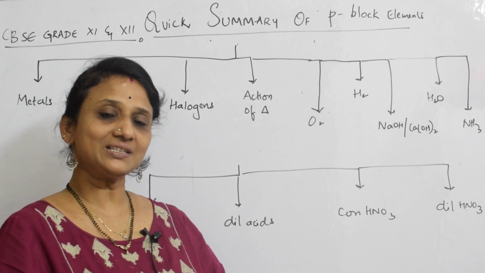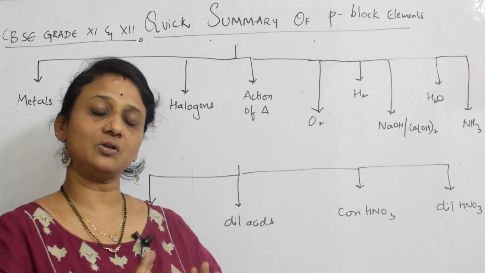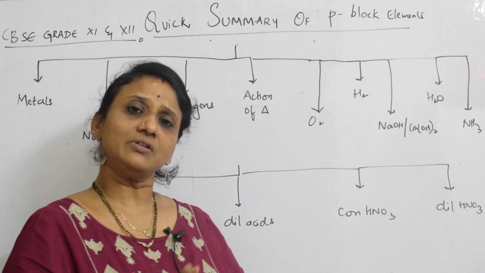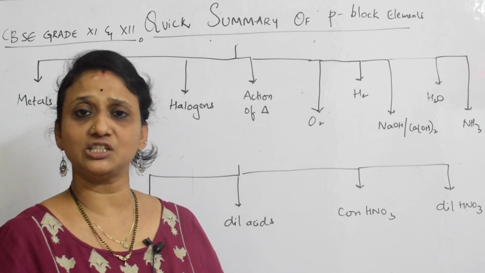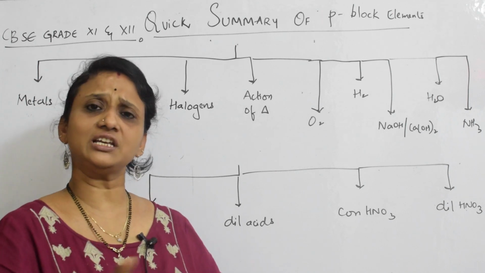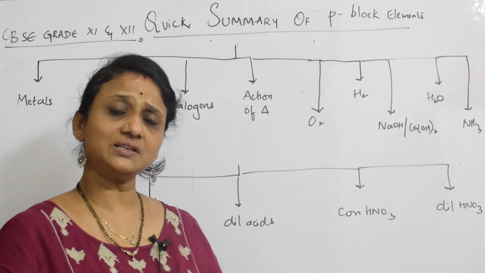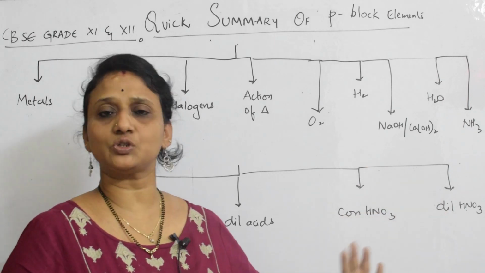So first let us see how the reactions are classified. Whatever element is given, let it be carbon or boron, starting from the 13th group: boron, aluminium, carbon, silicon, phosphorus, sulfur, and the compounds of those, all the reactions are classified basically into 11 or 12 categories.